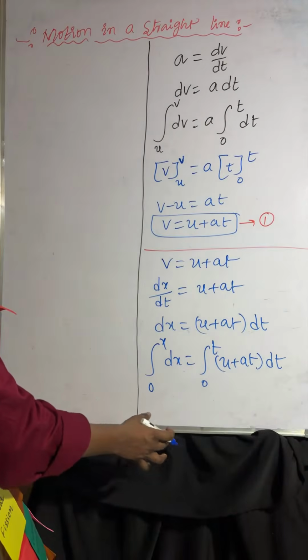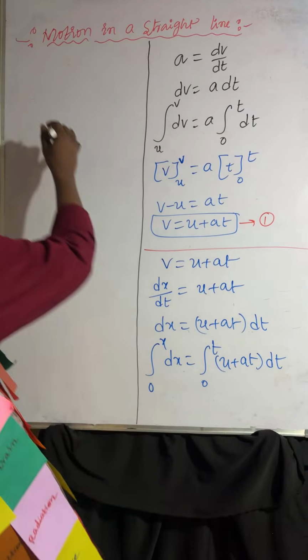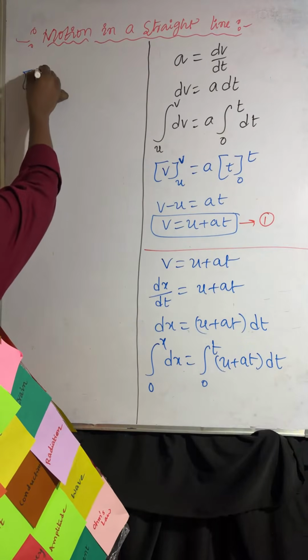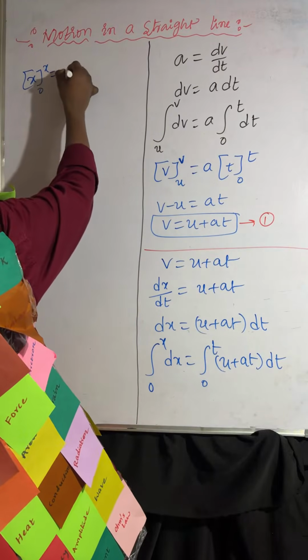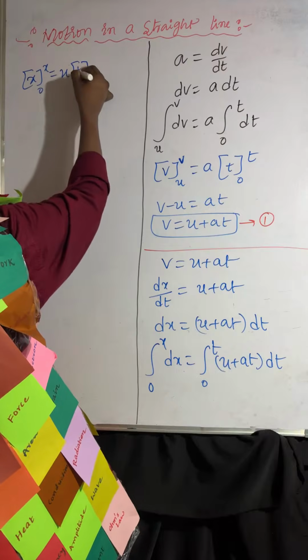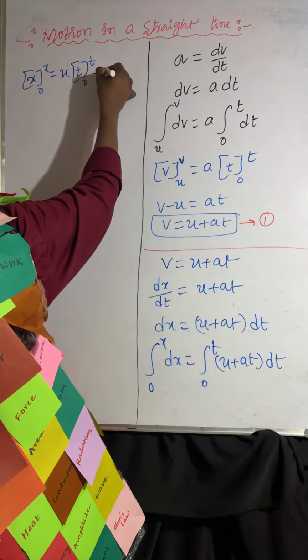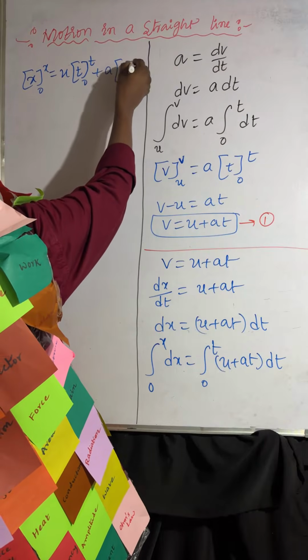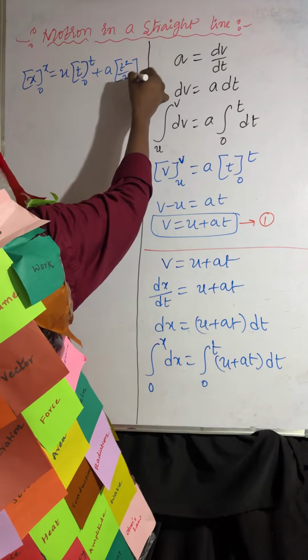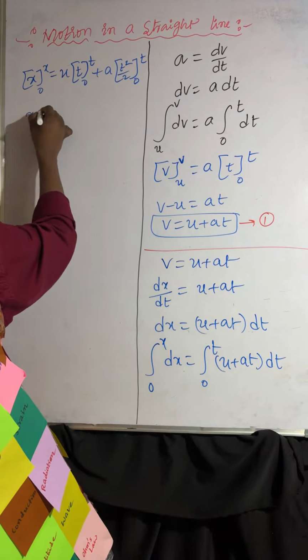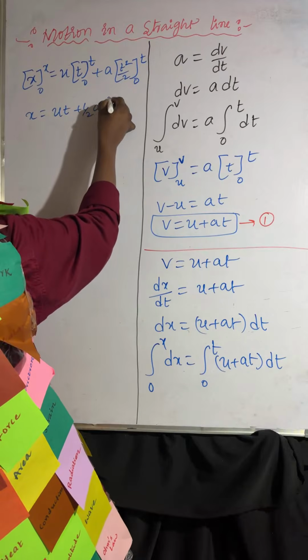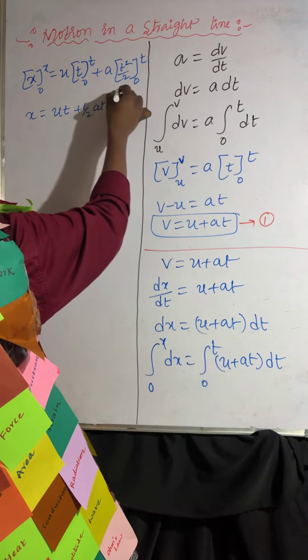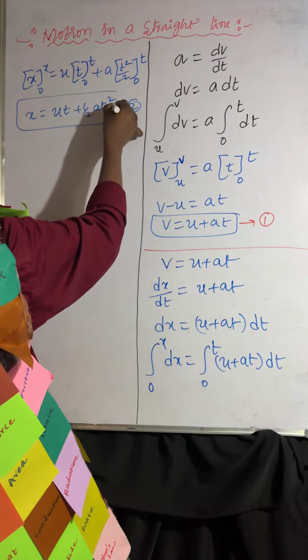Then you'll get x equals u into t plus a into t square by 2. So x equals ut plus half at square. This is equation 2. Understood?